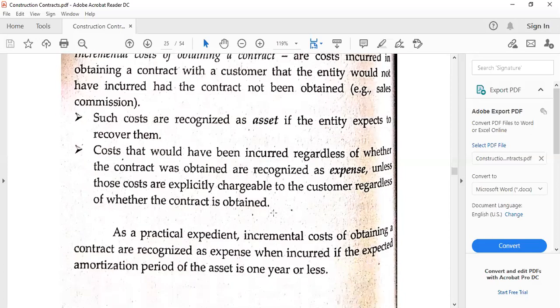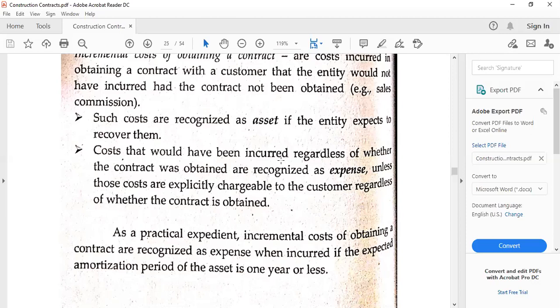Then as a practical expedient, if the incremental costs of obtaining a contract are going to have an amortization period of an asset of 1 year or less, then such should be expensed immediately. This is in accordance with PFRS 15, which we have already tackled in the previous sessions.